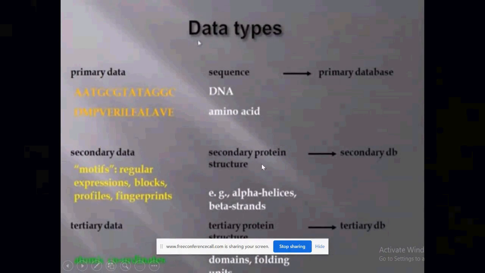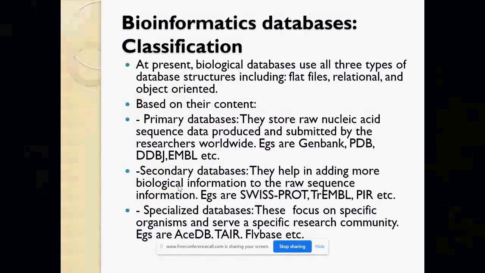The secondary database stores secondary protein structure information, in the form of motifs, regular expressions, blocks, profiles, and fingerprints from the secondary protein structure. This way they help in adding more biological information to the raw sequence.